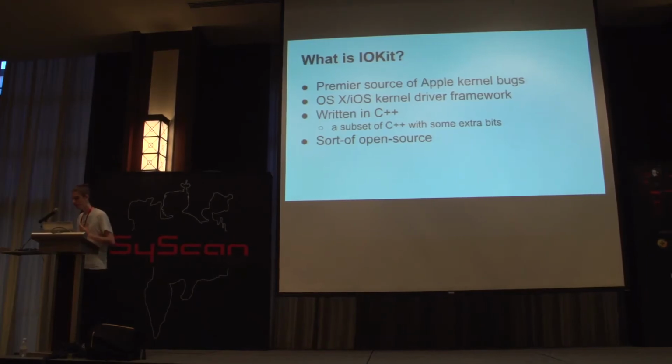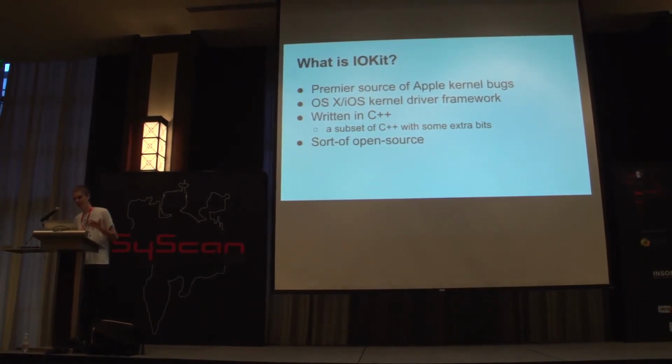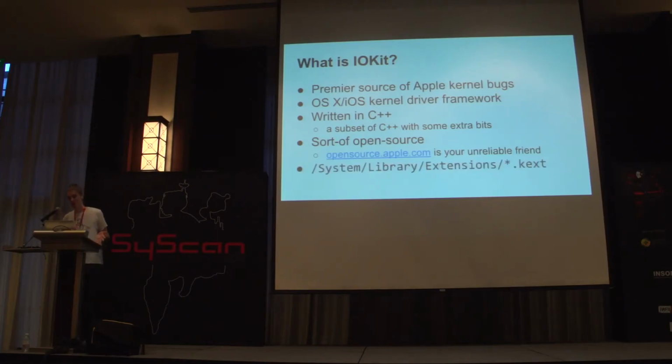Like with so much Apple code, I would define it as sort of open source. Some bits are open source, some bits are not. It's completely unclear why Apple decided to open source some parts and not other bits. OpenSource.apple.com is your unreliable friend. Sometimes you will find that the things you want are there, sometimes they are not.